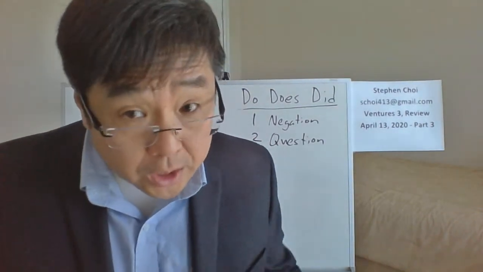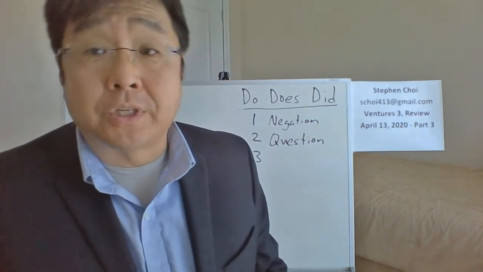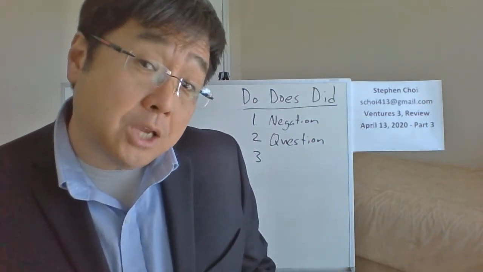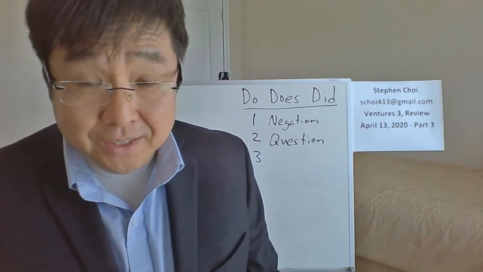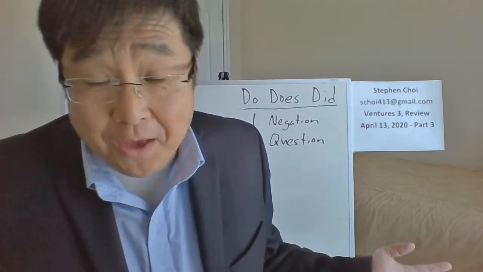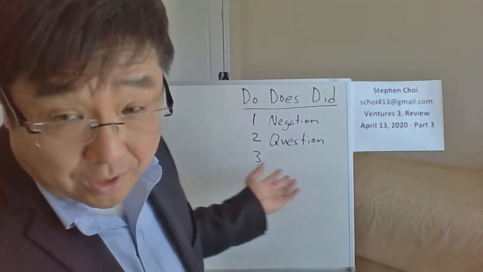If I ask a question, do you work? The person might say, yes, I do, or yes, I work. I work every day, or I work 5 days a week. I have a job. Yes, I do. I work.